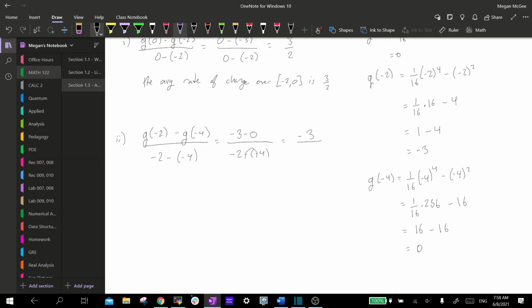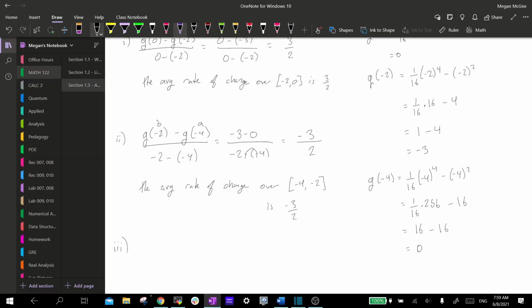These two negatives become positive, so we have negative 2 plus 4, which gives us a positive 2. So the average rate of change, remember this is B and A, so over negative 4 to negative 2 is our negative 3/2. So here we're decreasing more than we are increasing.